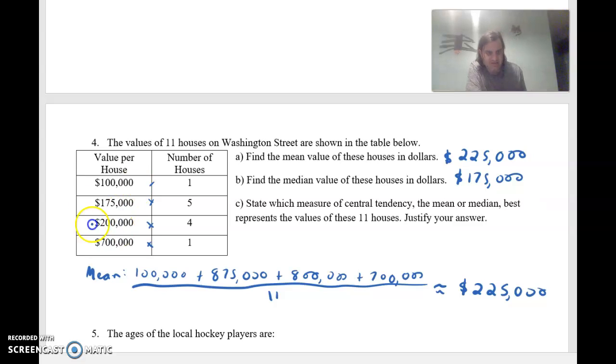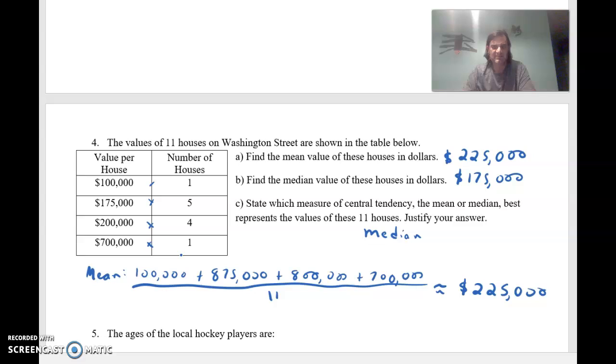Well, looking at the 4 different values over here, the 700,000 is way different than all the rest. The next highest is 200,000. I would say in this case that it would be the median, because when you say that the average is 225,000, there's only one house above that average, so it doesn't give a really good representation.